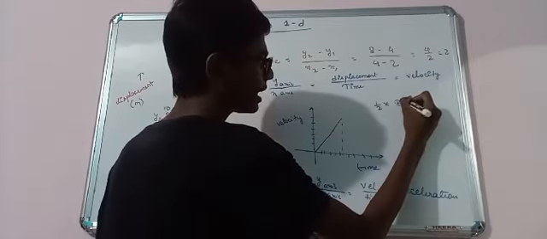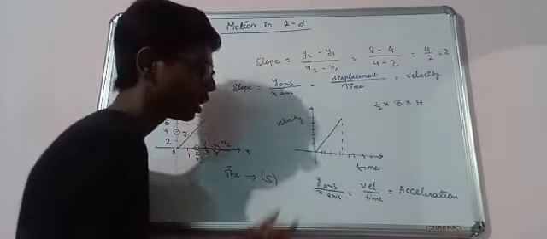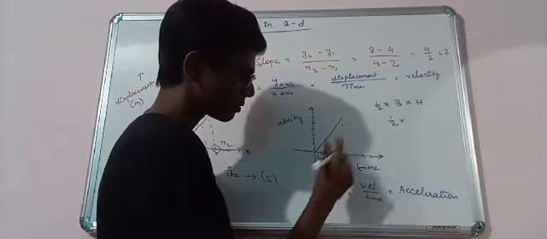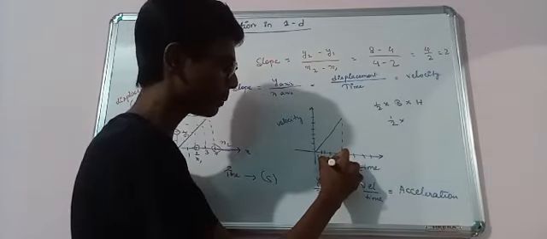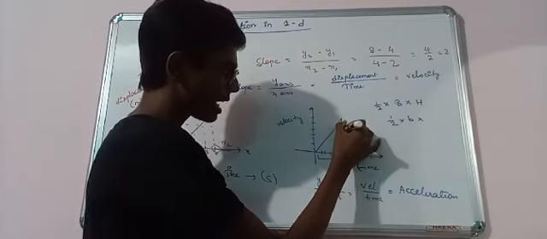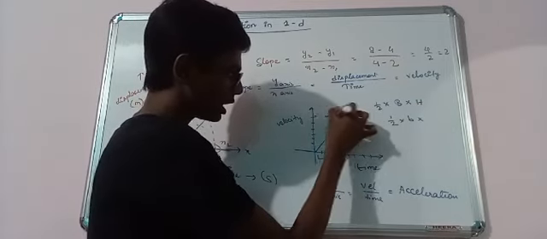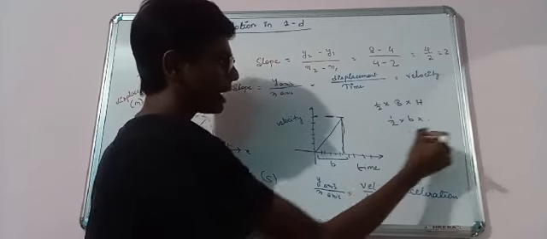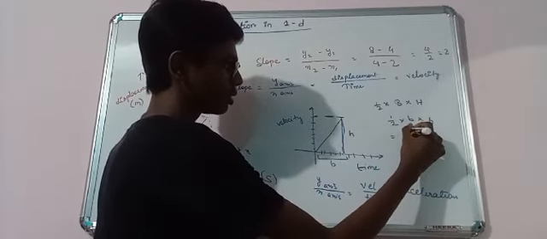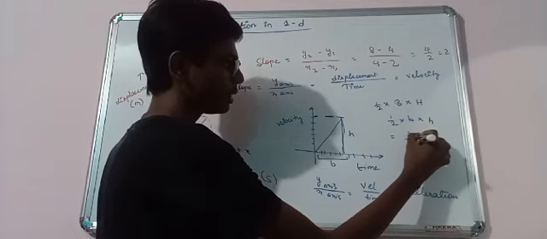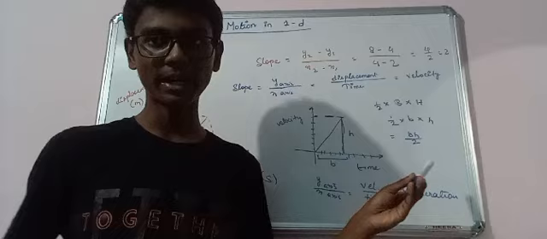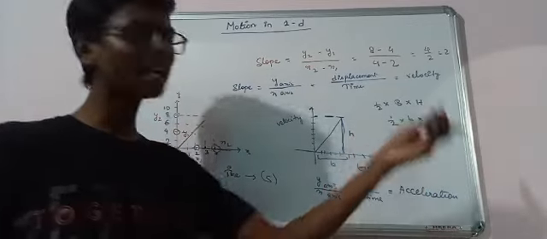Half into base into height. What is the base? This is the base. Let the base be small b. What is the height? This is the height. Let the height be small h. So bh by 2 will be the thing. When you get values, just multiply.